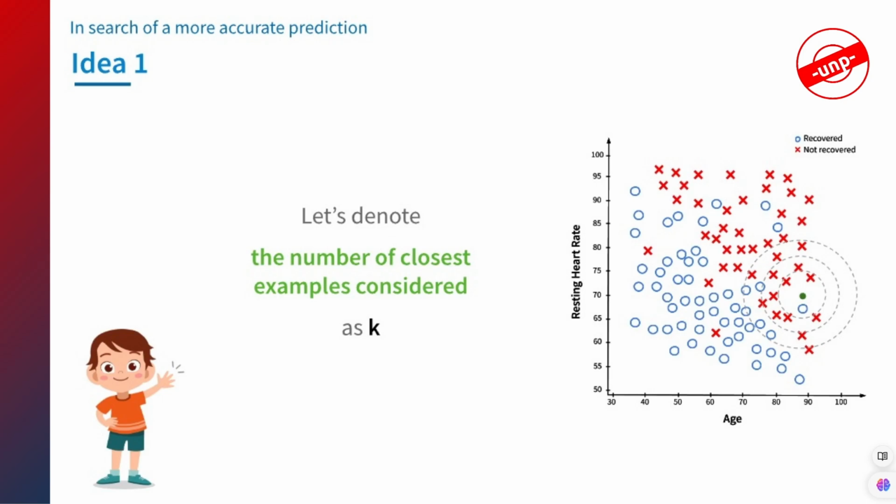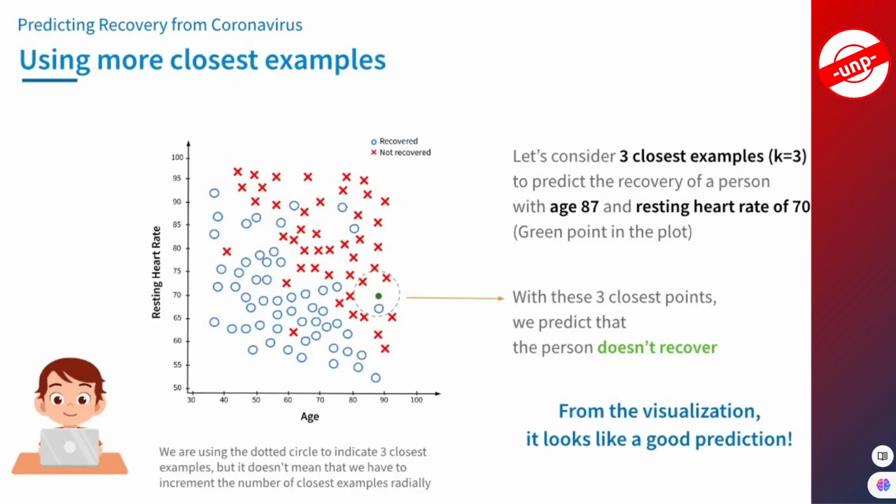The two categories that we have are recovered and not recovered. The graph has an x-axis and y-axis, in which the x-axis shows age and the y-axis shows resting heart rate, with the values mentioned. As per our objective, we will start solving it. Here, we use the K value as 3 to predict the recovery of a person with age 87 and resting heart rate of 70.